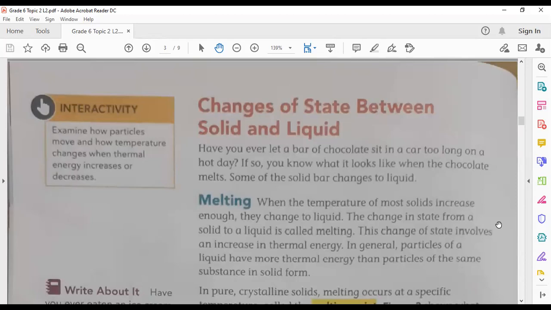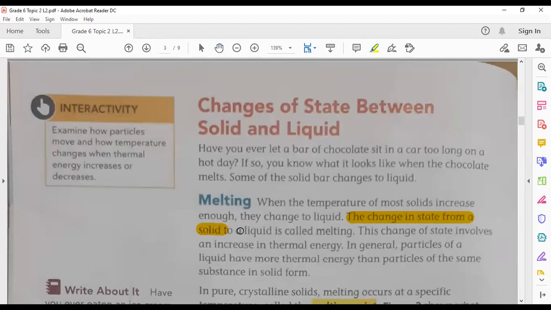Yesterday we were talking about changes of state between solid and liquid, and we started with melting. Melting, as you know, is the change of state from a solid to a liquid.